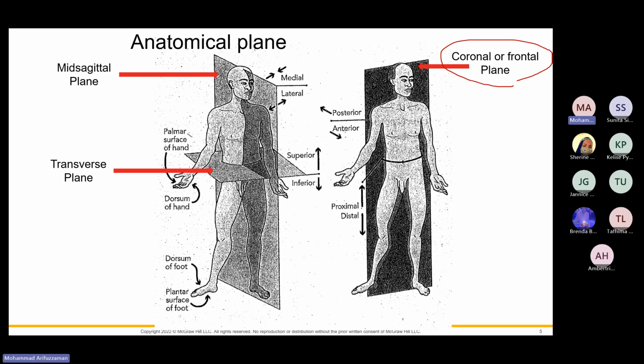Anterior means front and posterior means back. The sagittal plane divides the body into right and left halves, and the transverse plane divides the body into superior and inferior. So these are the anatomical planes, which are also important for this exam.